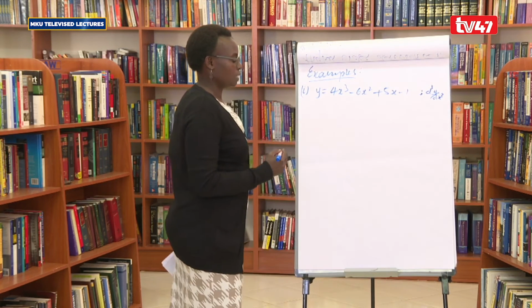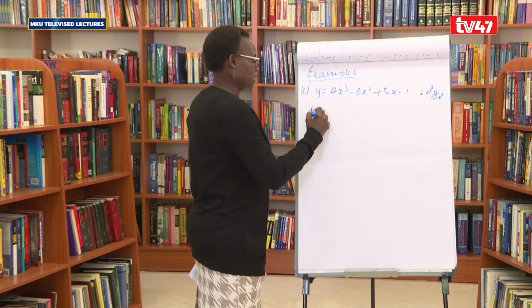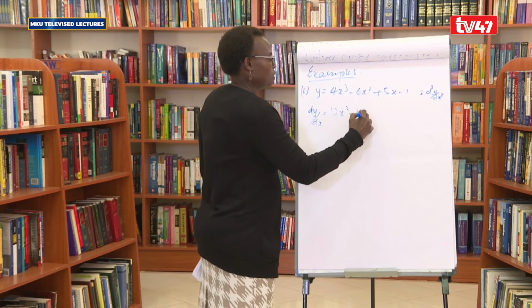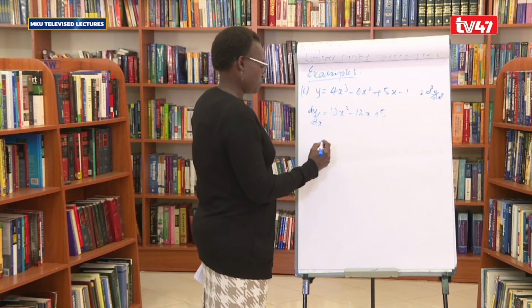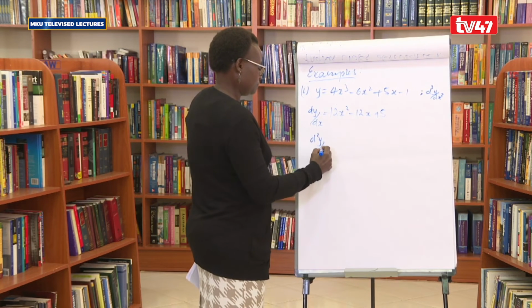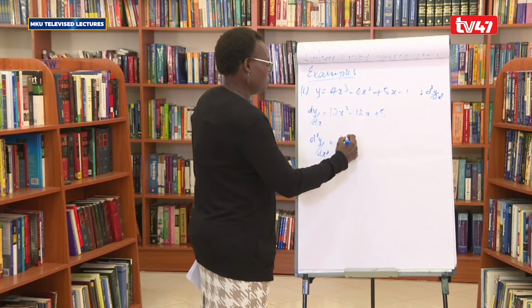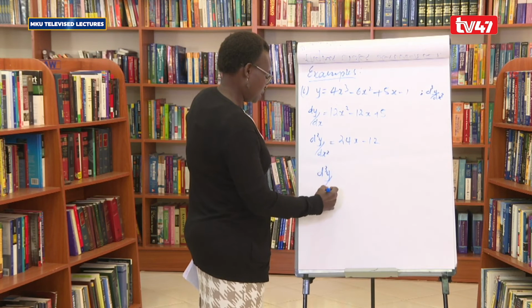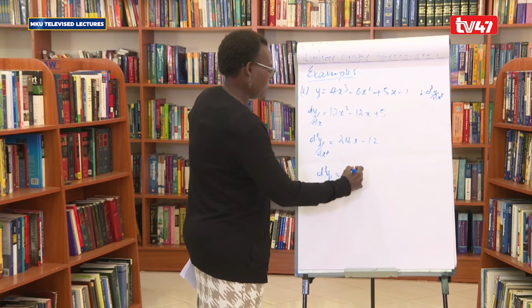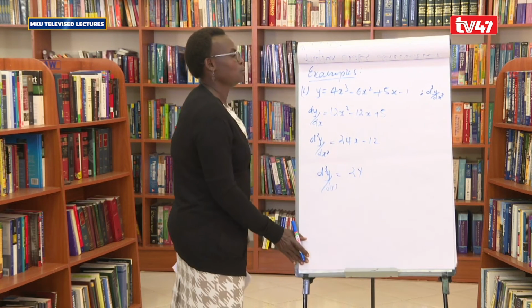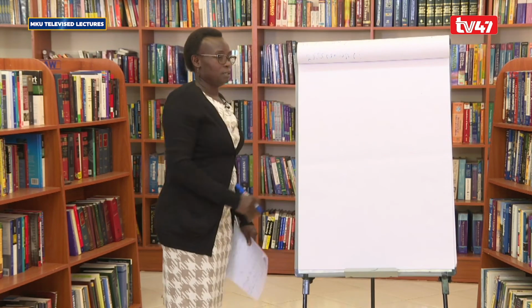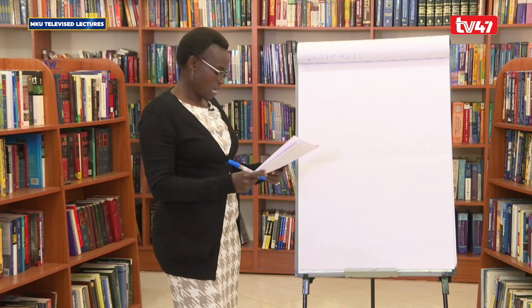First derivative will be our dy over dx, and that would be 12x squared minus 12x plus 5. Our second derivative will be 24x minus 12, and then our third derivative will be 24. So that gives us the solution to what has been asked of us.